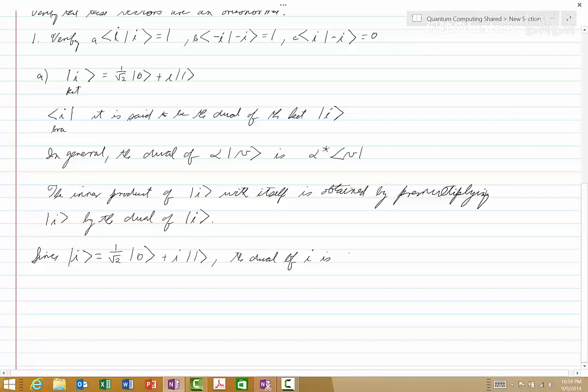So we will get 1 over square root of 2 conjugate times the bra 0 plus I conjugate times the bra 1.